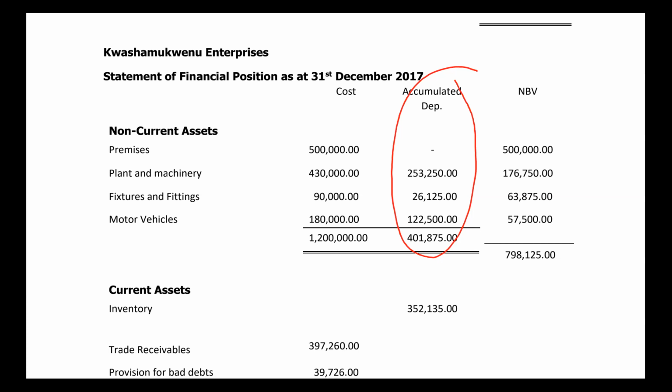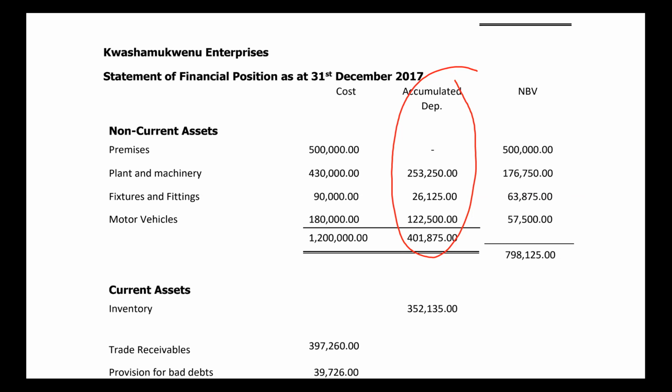It is the depreciation you find in the trial balance as accumulated depreciation plus the depreciation you calculated. You understand? Because the depreciation you calculated was just for this period, and the accumulated depreciation in the trial balance was for the previous period. You add the two depreciations.